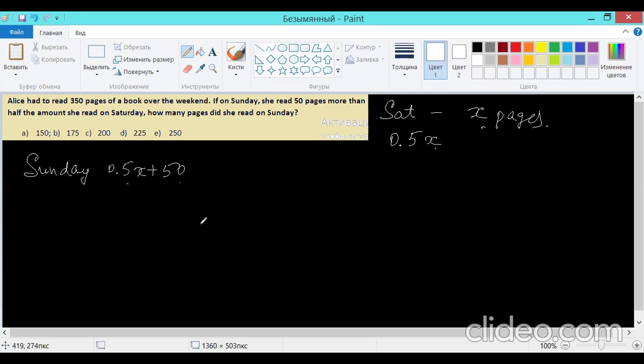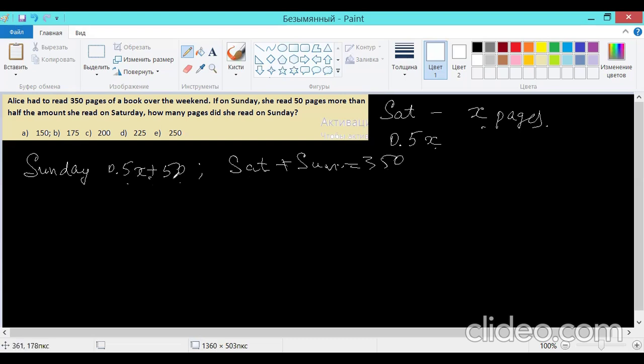I have just translated these words into the language of algebra, okay? And I know that the total number of pages she read is 350, right? That means that the logical foundation is that Saturday's number plus the Sunday's number is equal to 350.